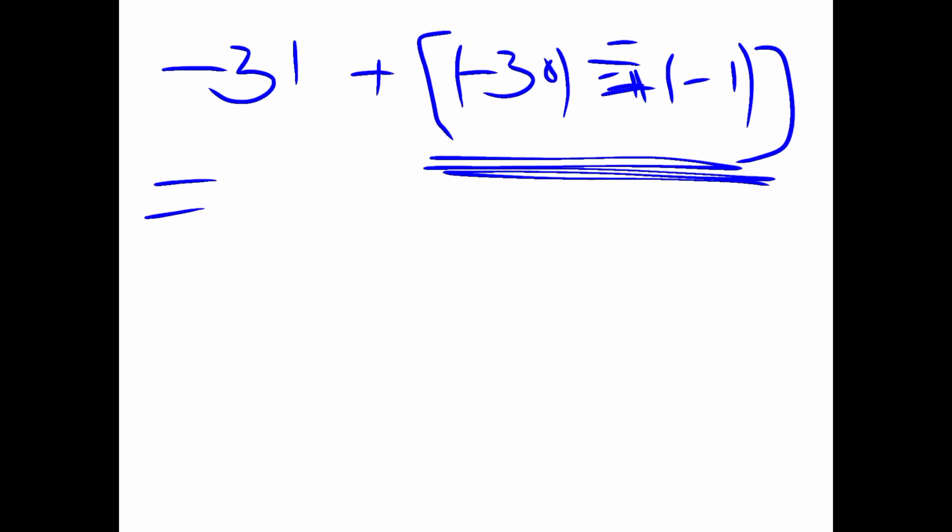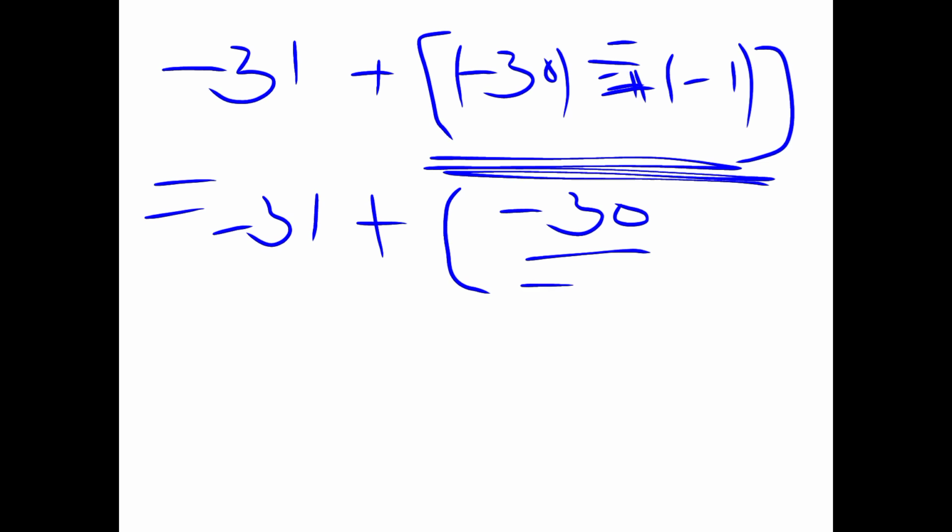So let's handle the divide first. This is minus 31 plus negative 30 divided by negative 1. So we can put it like this: negative 30 divided by negative 1.